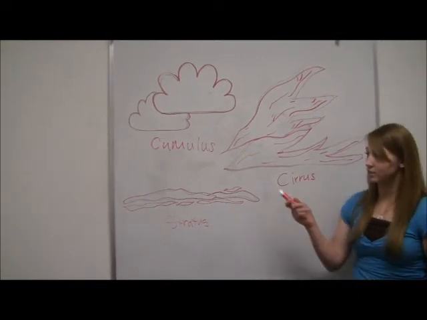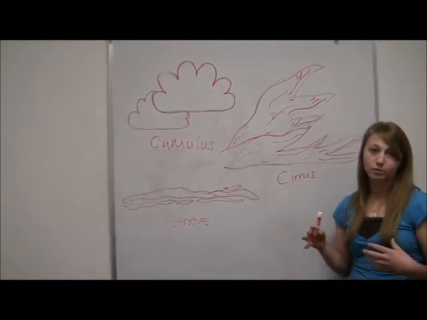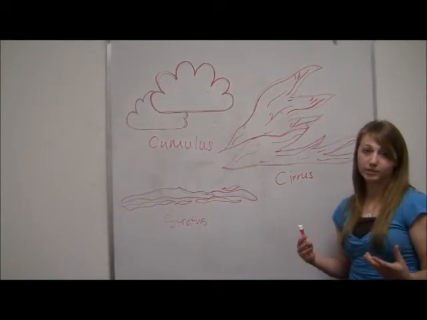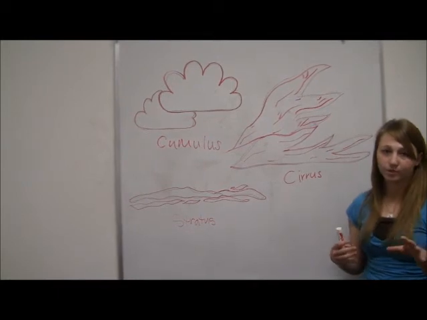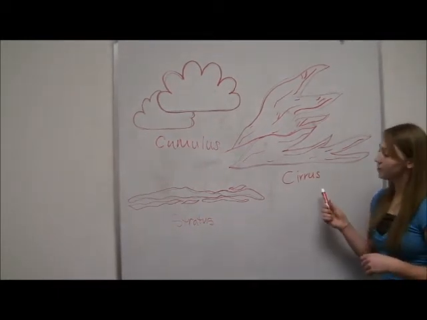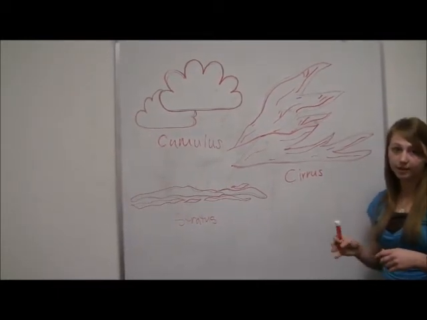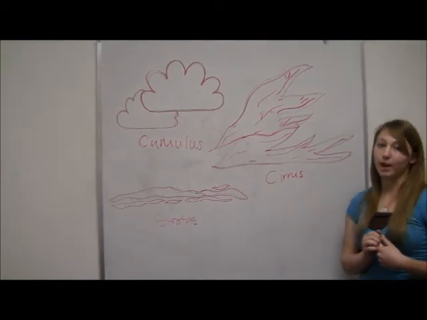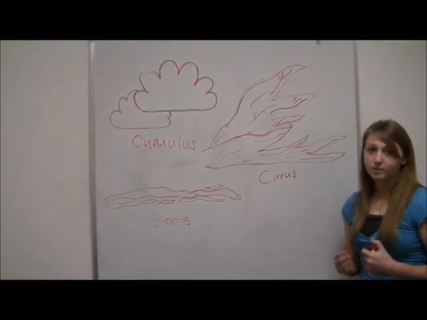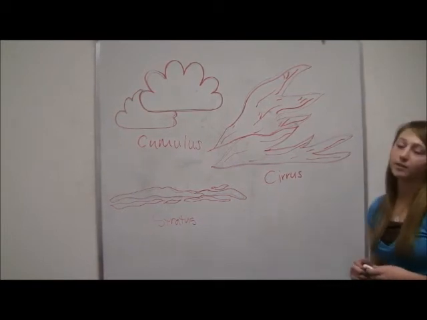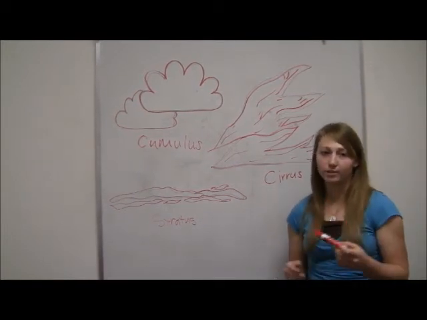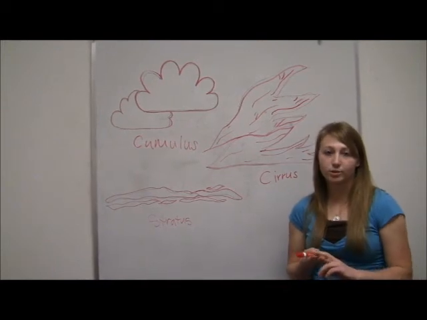With each of these clouds, their names will change according to the circumstances that they have with the weather going on. And then remember, cirrus clouds are feather-like and are associated with bad weather approaching, like snow or hail or bad weather.